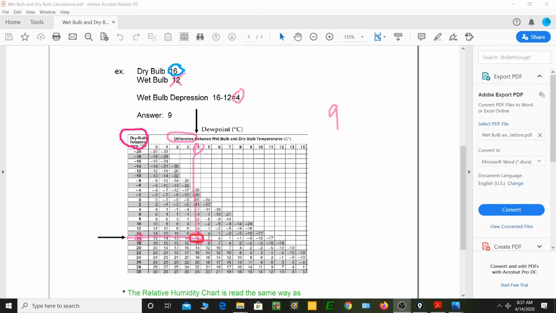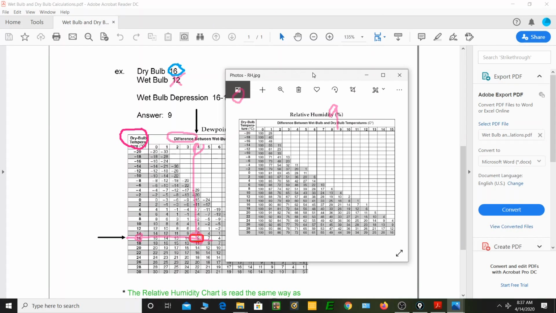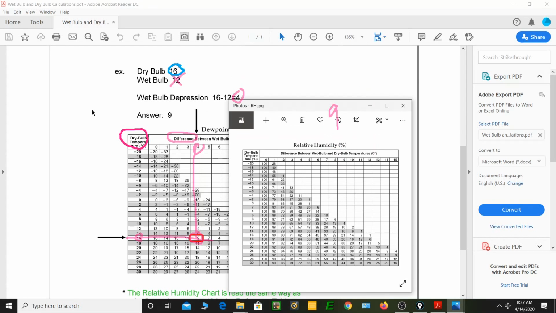So we would use this chart. Let me clear this out. It would be the same exact numbers. We would go to 16 over here. We would go to 4 for the difference. You read down, read across, and what this means is the air is 62% full.